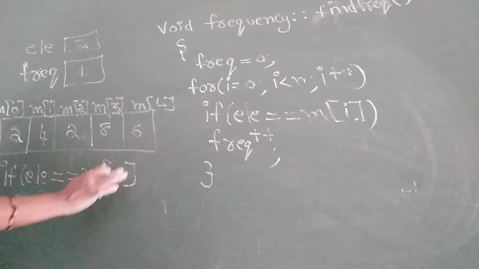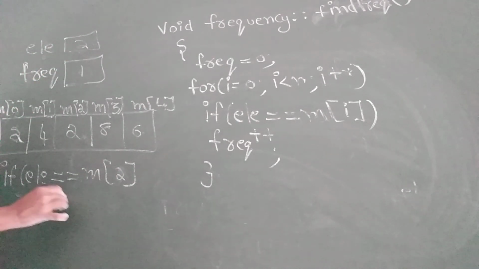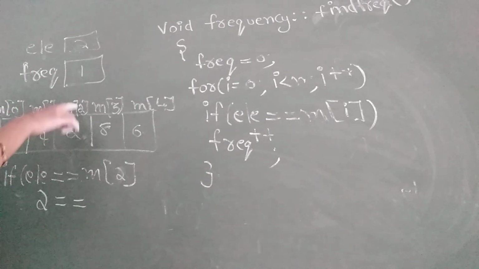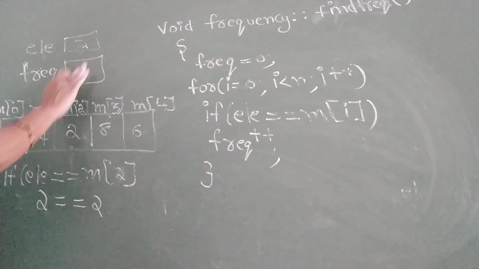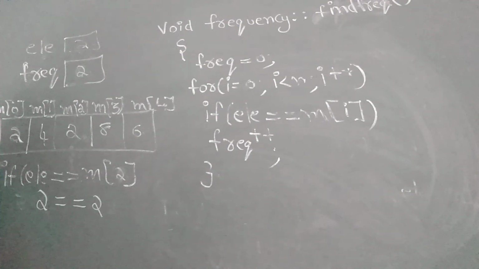Now next, m of 2. Ele is 2, compared with m of 2. M of 2 is 2. Matching is there. If matching is there, frequency will become 2.